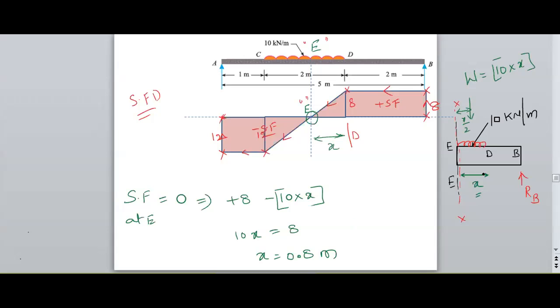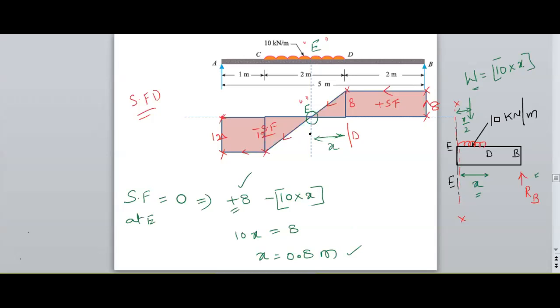Now I am considering only shear force. Therefore, only forces need to be considered here. RB moving upwards is positive, and capital W is moving downwards. Therefore, 10 into X, and X is equal to 0.8.